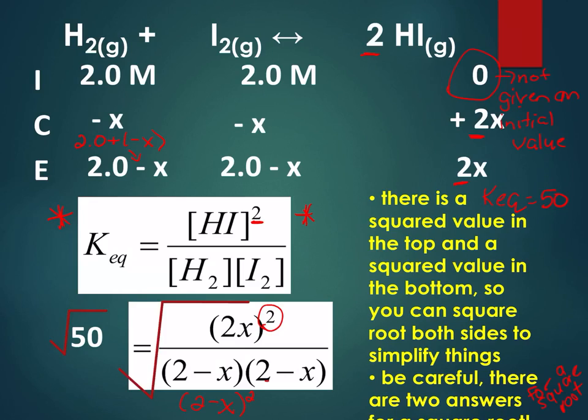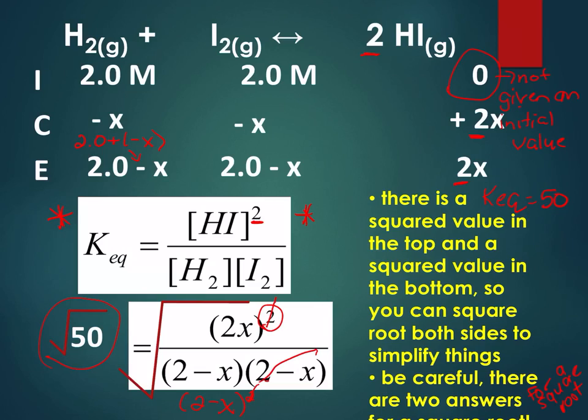Don't forget to square root the 50. That is a common mistake. In order to get rid of the squared term in the x values, lots of people will square root that side, but don't forget to square root this side. So when you square root a squared, then the squared cancels out. And so then your expression is a little bit easier to solve.